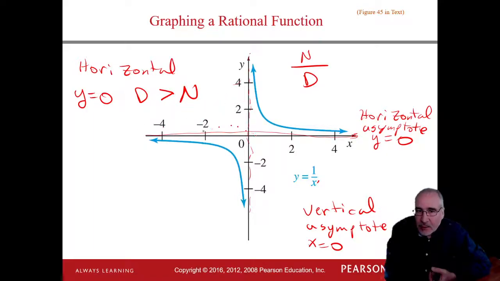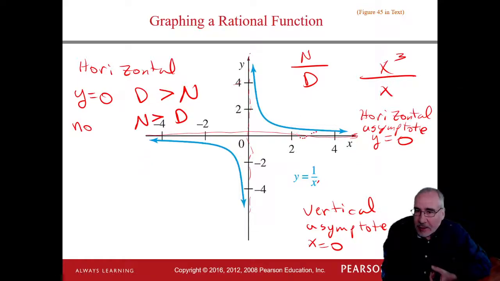Then we get a horizontal asymptote at y equals 0. If the numerator is bigger than the denominator, like x to the third over x, this is going to shoot off to infinity, and there is no horizontal asymptote. It doesn't stop. In the long run, it goes off to infinity. This one, in the long run, gets closer and closer to 0.